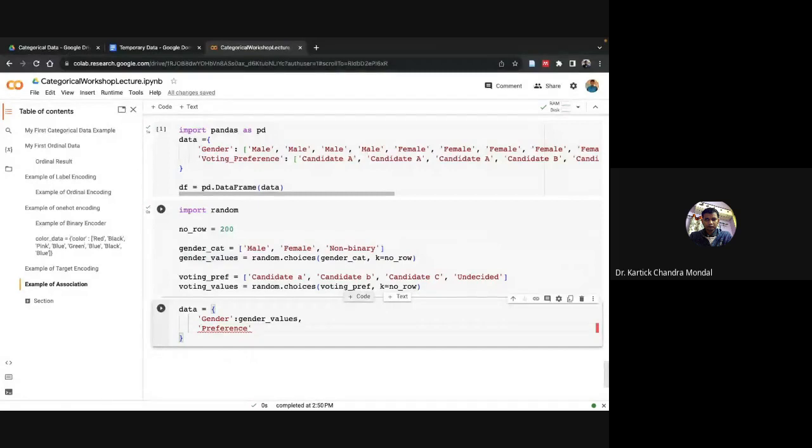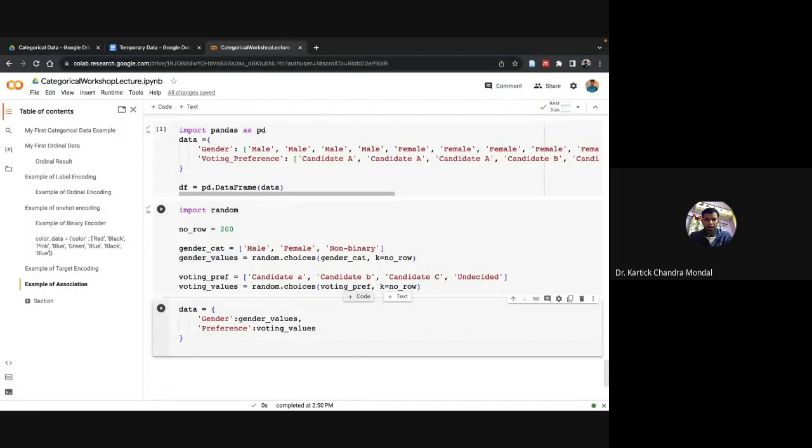Okay, preference, and the values are voting values. So with this, if I run this, before that, let's convert it into a data frame: pd.DataFrame, and that is data.